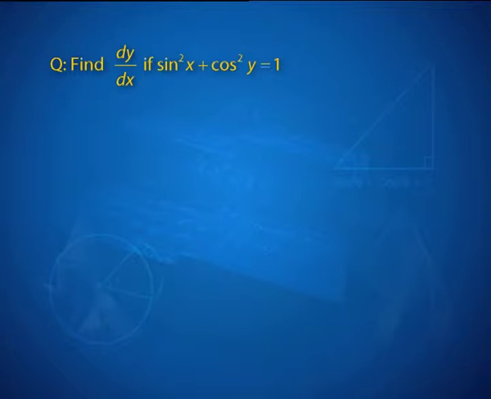How do I find dy by dx if I have an implicit function? In this case, the relation is sine square x plus cos square y is equal to 1. So, the task is the same. I have to find the instantaneous rate of change of y with respect to x, but I cannot express y in the language of x directly. What do we do?